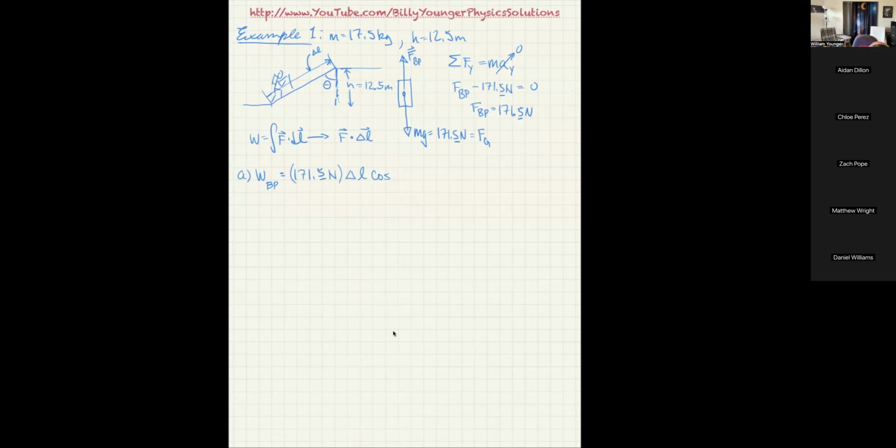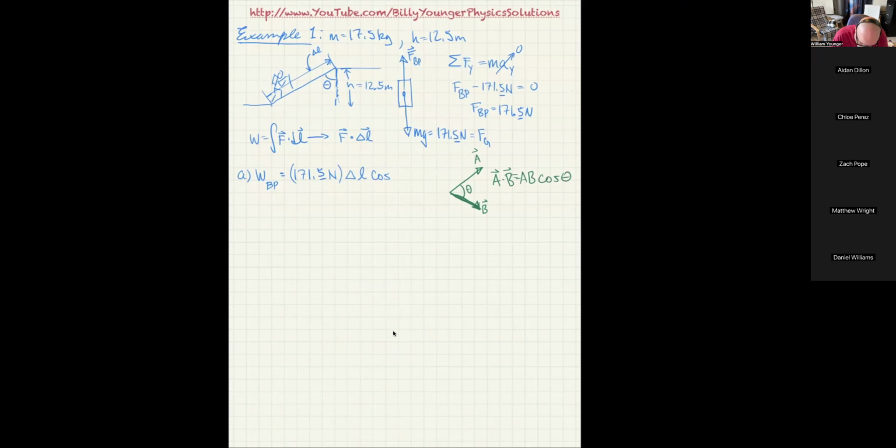dot product is defined such that if this is vector A and this is vector B, once they're tail to tail, then the angle theta is the one that separates them at their tail. So that's actually what the A dot B equals A B cosine theta is about.